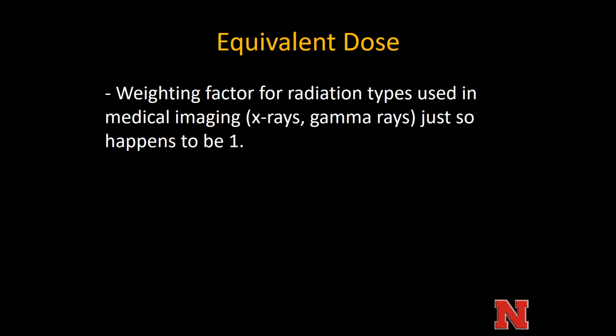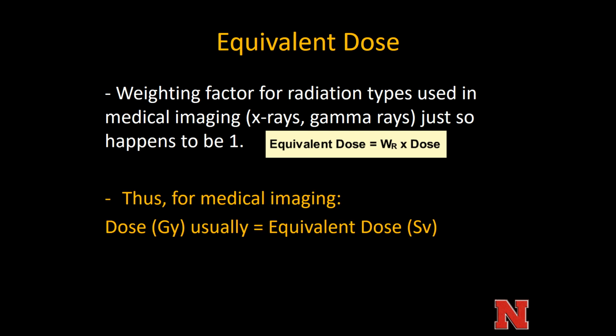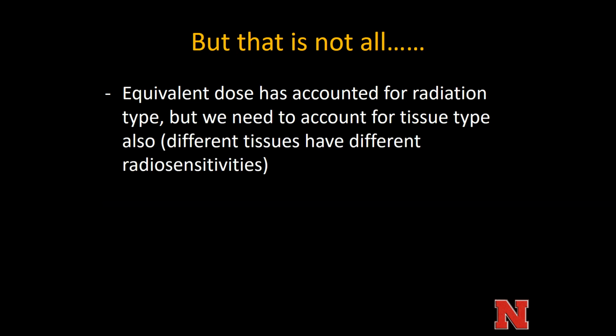Equivalent dose equals the dose times the weighting factor. If that weighting factor is 1, it's going to be the same. Thus, for medical imaging, usually gray and sieverts are interchangeable, which a lot of people get kind of sloppy and use interchangeably, which you really shouldn't, but just be aware that happens.